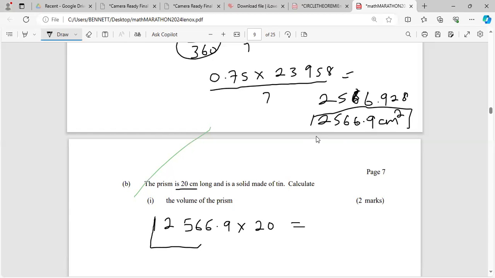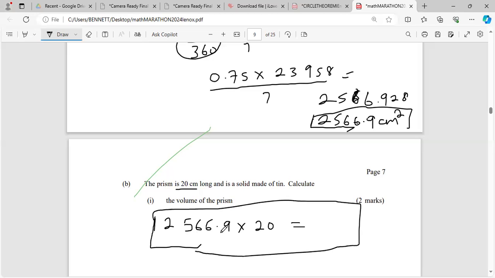This is not supposed to be 1, it's a 2. 256.9 times 20, and not 12,000.